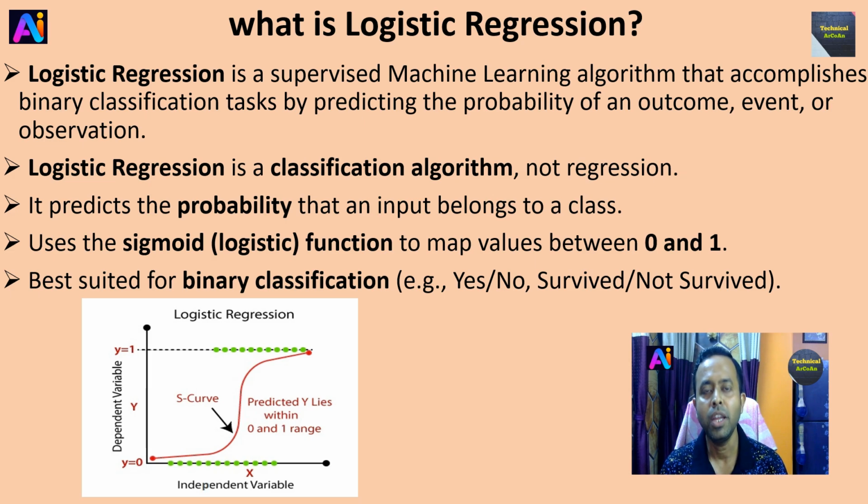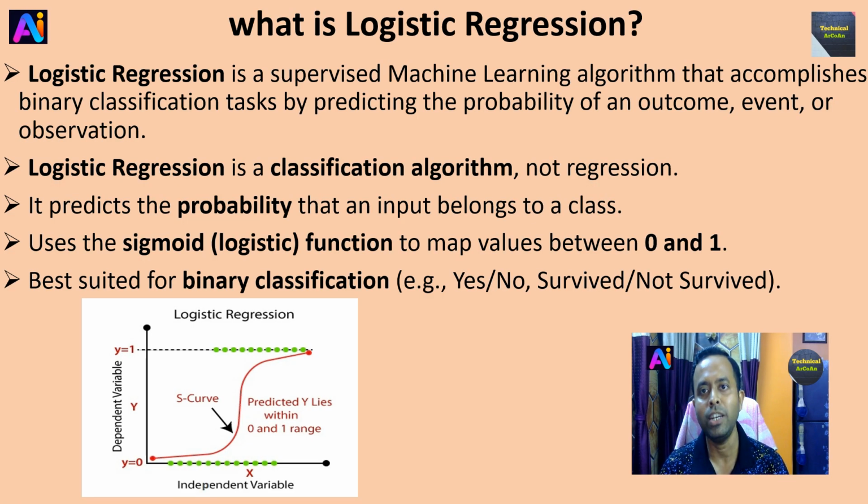Why? Because this model applies the sigmoid or logistic function on top of the linear equation y equals mx plus c. It predicts the probability that an input belongs to a class, and uses the sigmoid or logistic function to map values between 0 and 1.